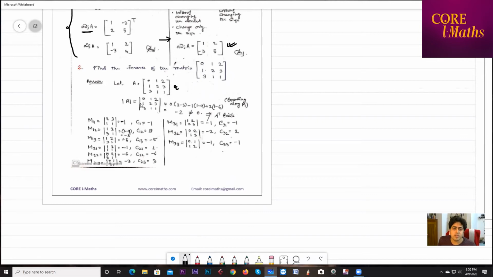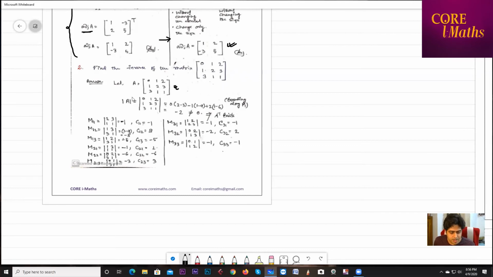So first, to find the inverse of any 3 cross 3 matrix, you have to find out the determinant value, and you have to check whether the determinant value is 0 or non-zero. If it comes 0, directly you can write that we cannot find the inverse, because the inverse of a matrix exists only for a non-singular matrix.